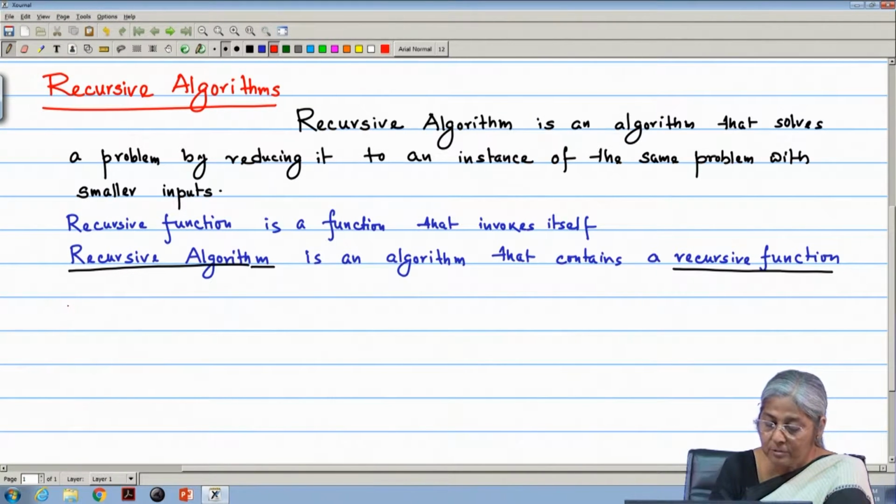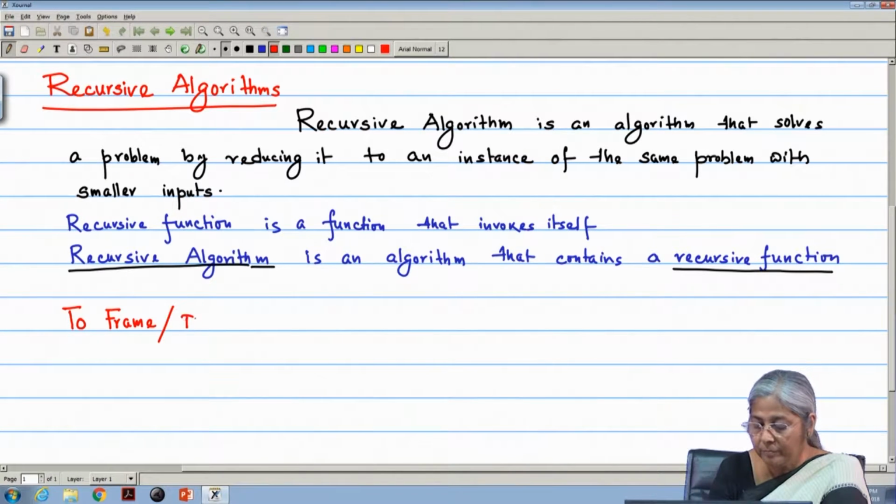So, how to frame or design a recursive algorithm?